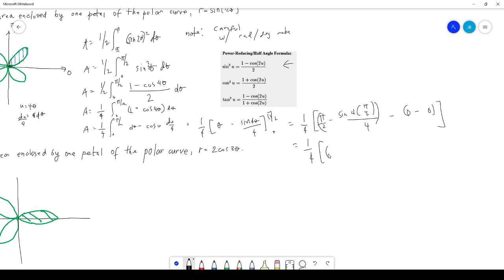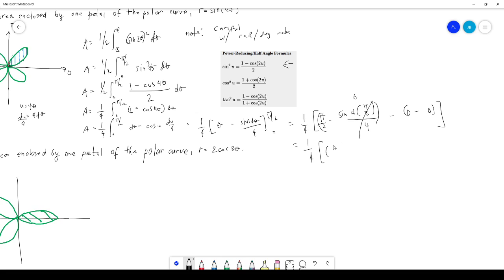Okay, again, let's set our calculator to radian. So our calculator should be in radian form. Press shift mode and then rad. Then sine 4 times pi over 2, that is 0. So therefore, sine 0 is 0.